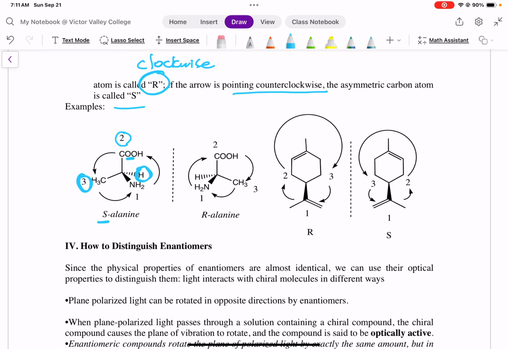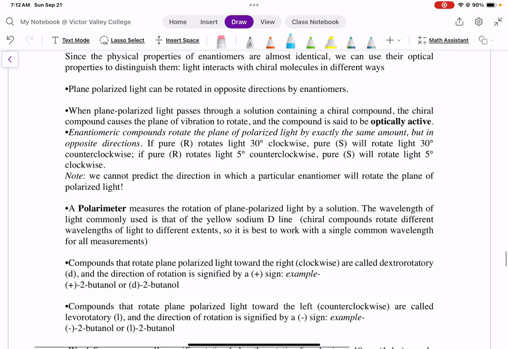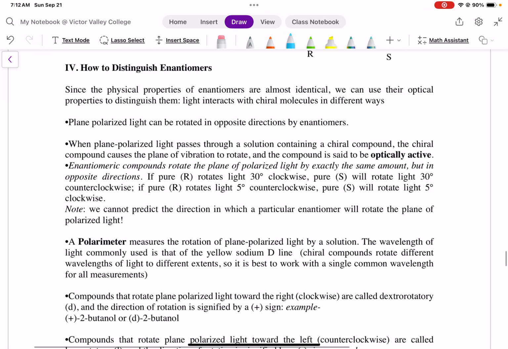Now if you do the mirror image, okay, then you get the one on the right is R, the one on the left is S. Yep, same thing for here. Okay, now we can measure that. There's a machine called a polarimeter, and we hit the molecule with plane polarized light.